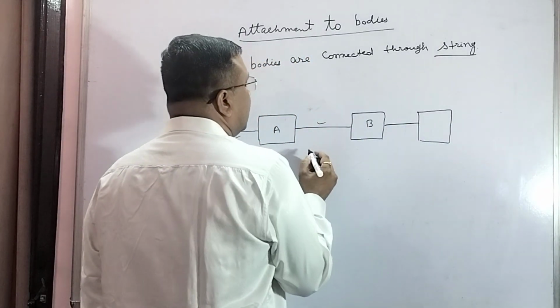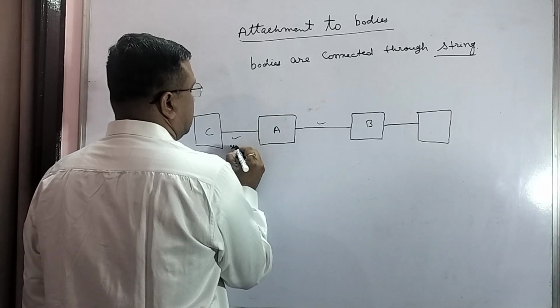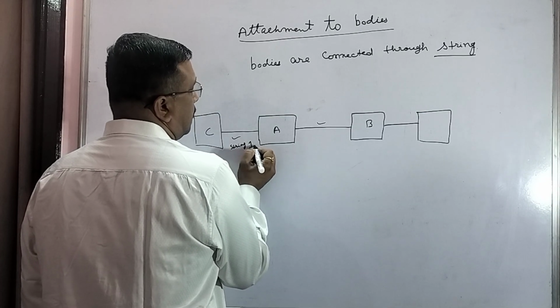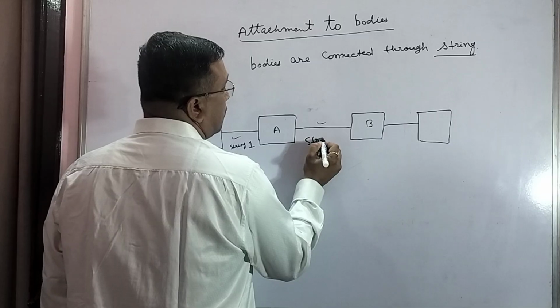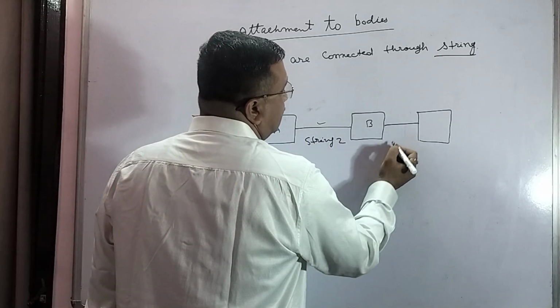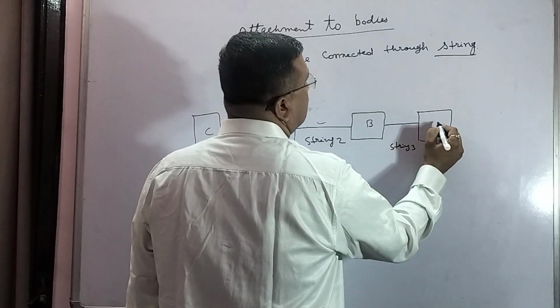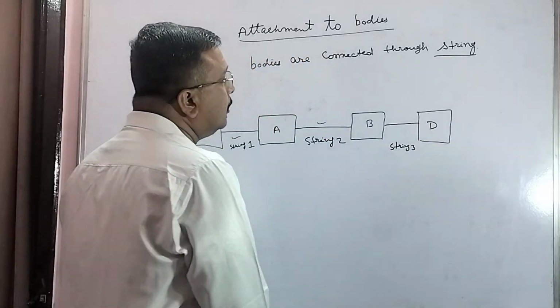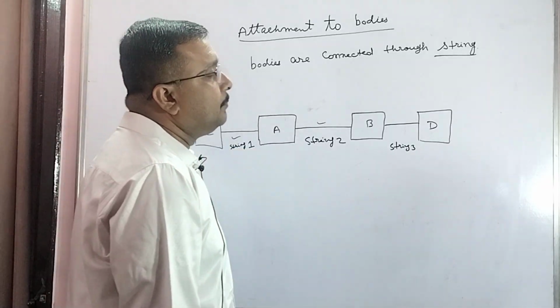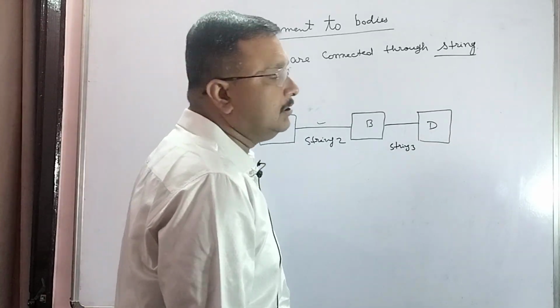So we can say string 1, string 2, string 3, and blocks A, B, C, and now name this one D. In this way, the blocks can be connected to each other.